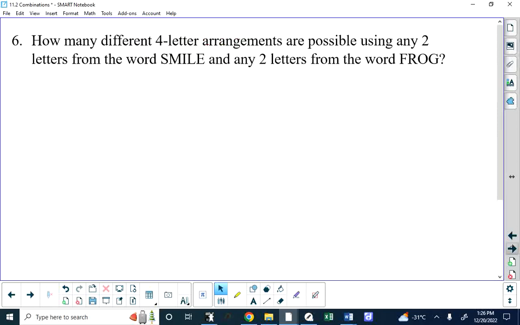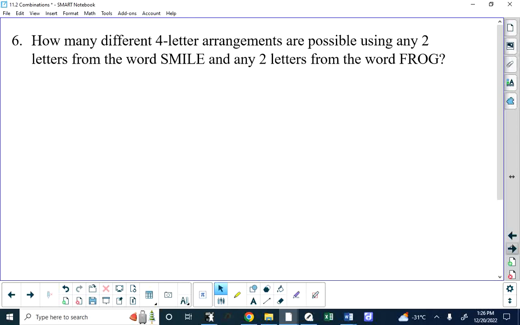How many different 4-letter arrangements are possible from any 2 letters from the word smile and any 2 letters from the word frog? This is the same as me saying, I have 5 German thrash metal songs, and I have 4 classic rock songs.